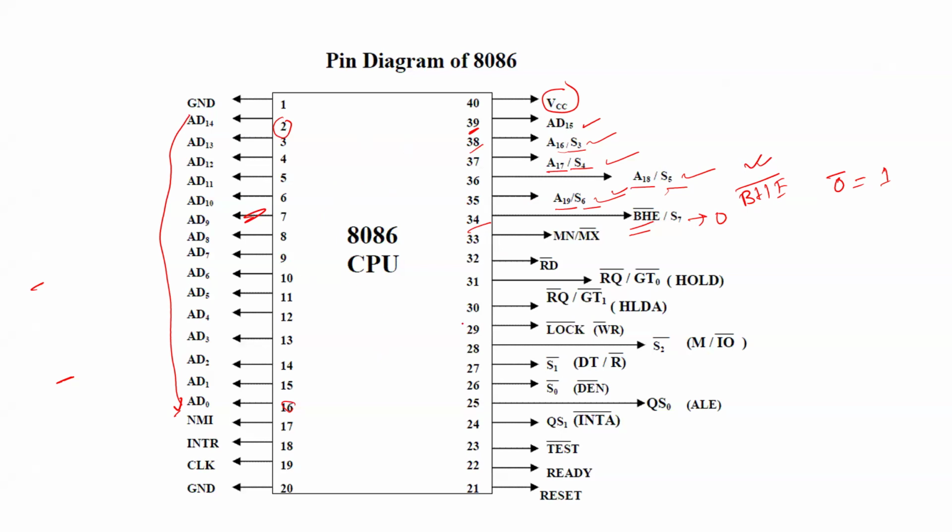If I give 1, what's the meaning of 1 bar? It is 0. At that time, BHE will not activate. So at that time, status S7 will be activated.